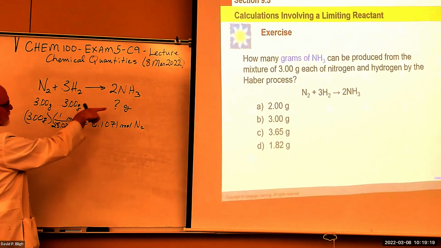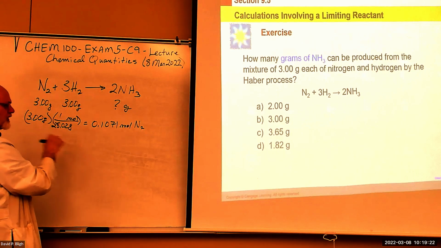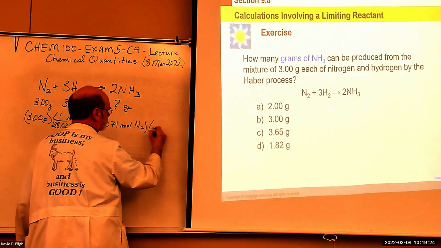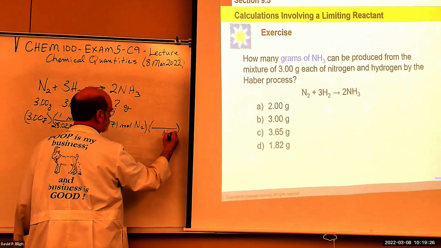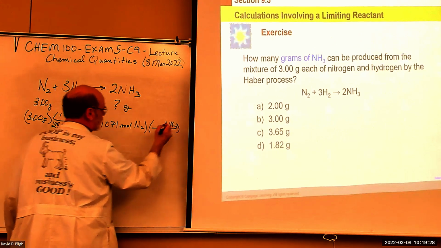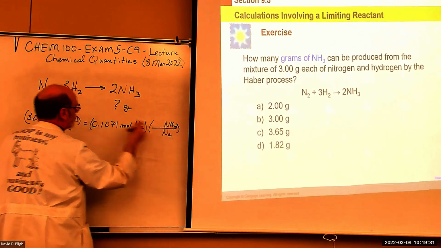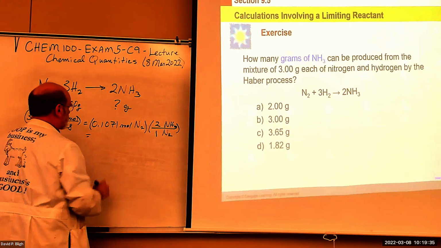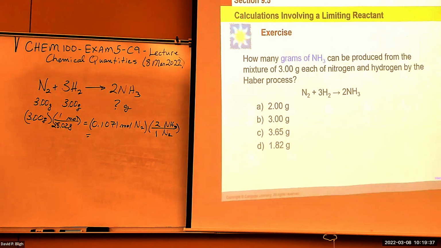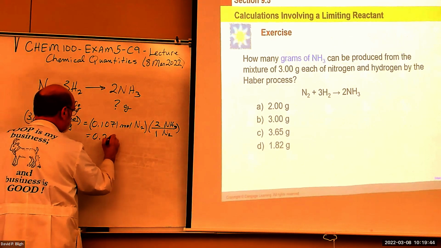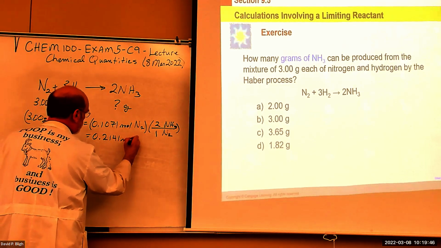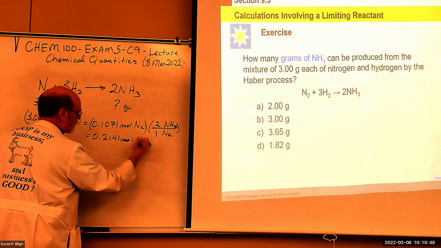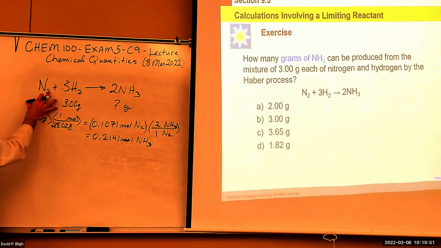Let's go ahead and find out how much ammonia that would be. Right, so we have nitrogen down here, ammonia up here, and then we need the coefficients. 1 and 2. So 2 times that would be 0.2141 moles of ammonia. Okay, so that's how much this would produce.